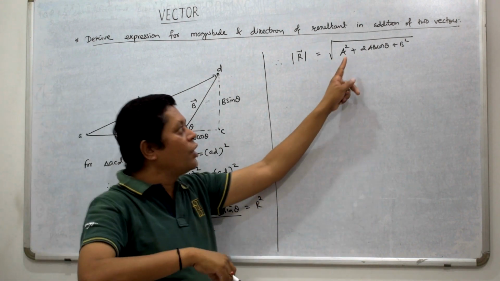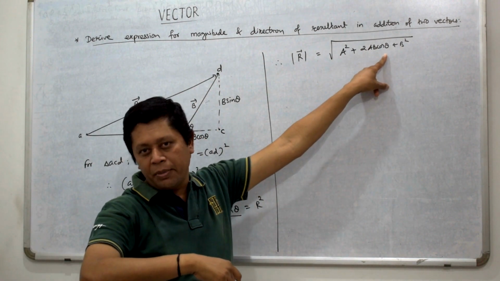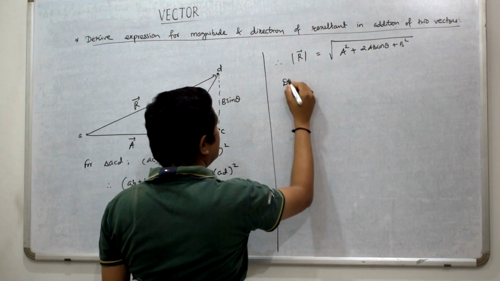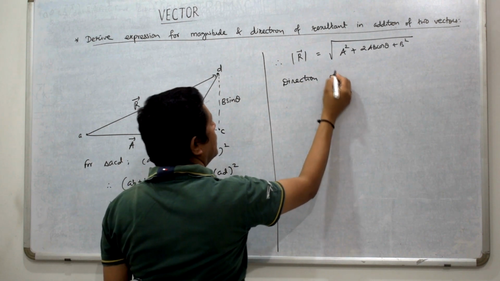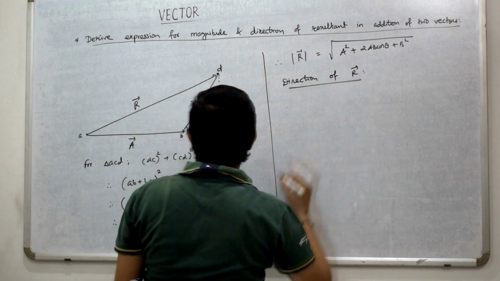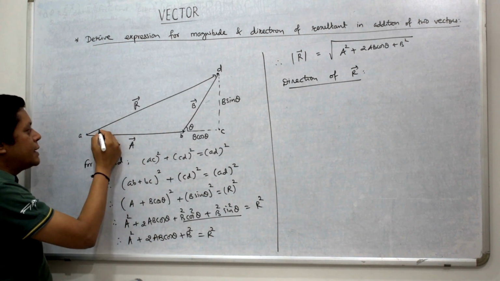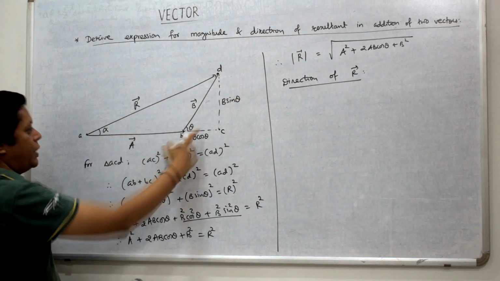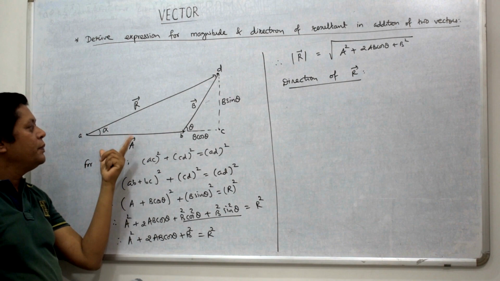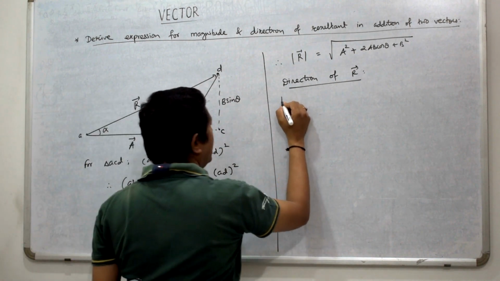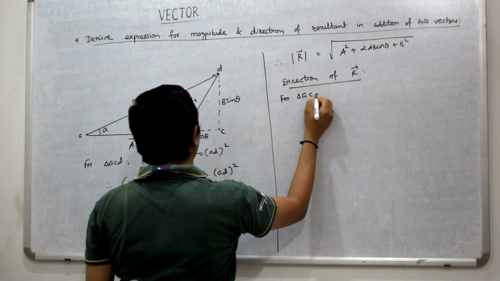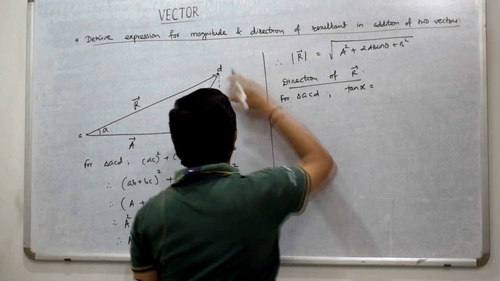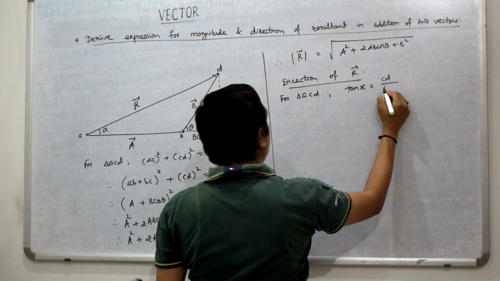You can see it depends on the values of A, B as well as the angle theta between vectors A and B. About the direction of vector R: let's say it is making a certain angle alpha with respect to vector A. Then for the right triangle ACD, tan alpha is opposite over adjacent, that is CD upon AC.